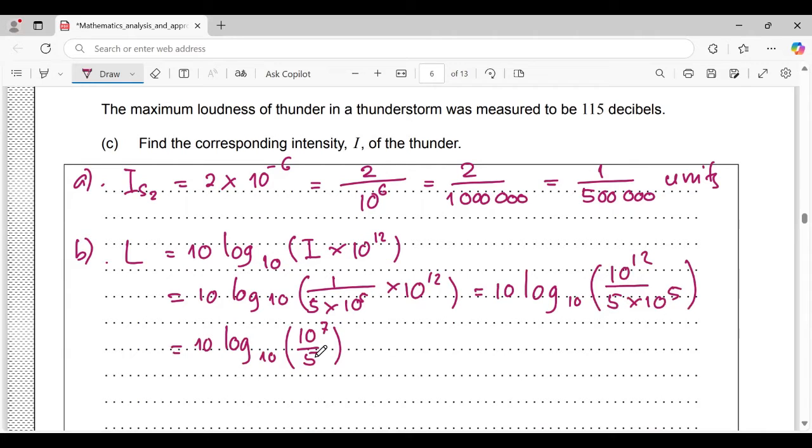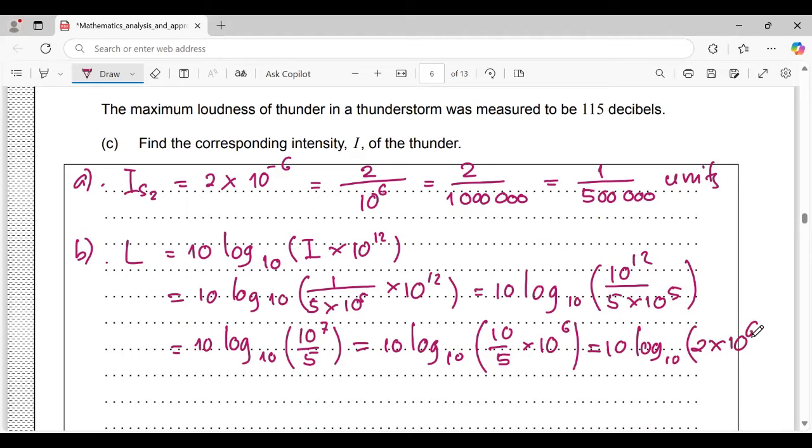So it becomes 10 log 10 over 5 times 10 power 6, like that. Becomes 10 log 2 times 10 power 6.